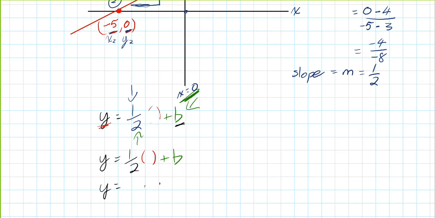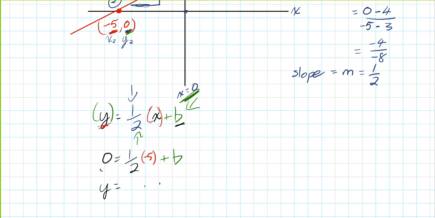What we'll use instead is the coordinates here. So this is an x value, so I'll replace x with it. I'll put this in as an x. X is negative 5. And we're also going to replace the y value. The y value happens to be 0 here. This is an x-intercept. So y is equal to 0.